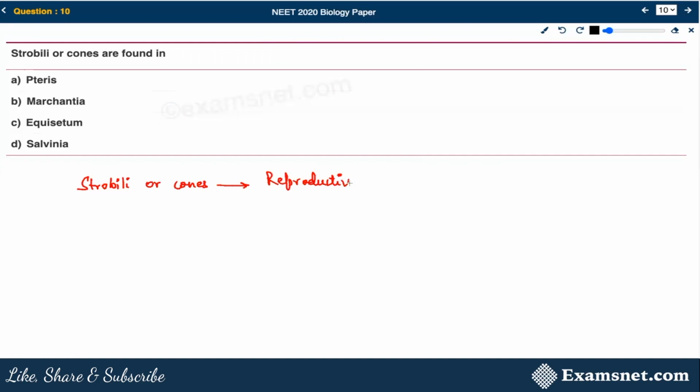So strobilus is actually a cone-shaped structure where the sporophylls are arranged. That means leaf-like structures are being arranged. Clear? So they are prominently found in.